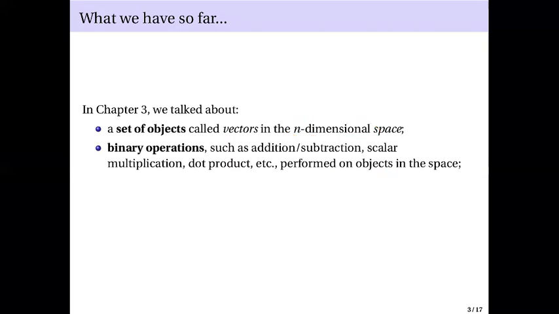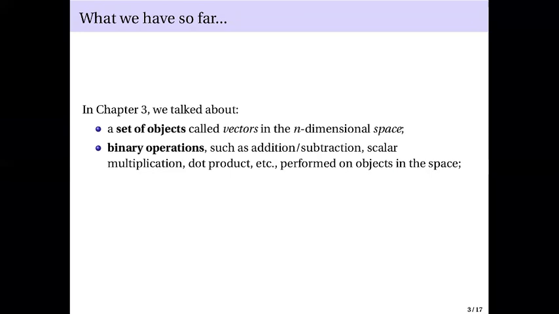Then we had several binary operations, such as addition and subtraction. We also had scalar multiplication. We had dot products. We even had cross products, but the cross product is only for R3, the 3-dimensional Euclidean space. These binary operations we perform on the objects of the Euclidean space.